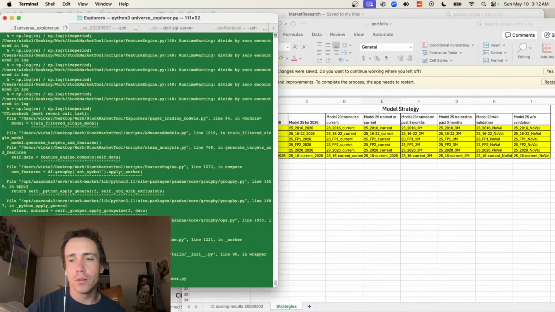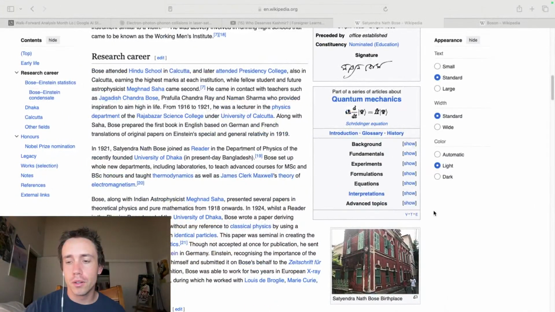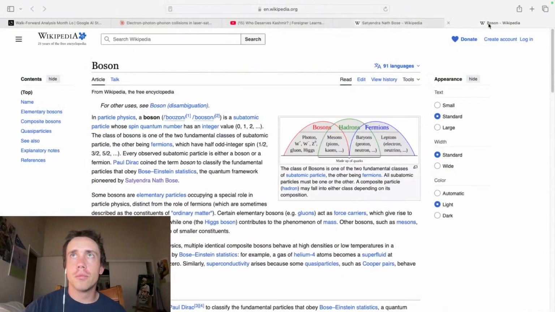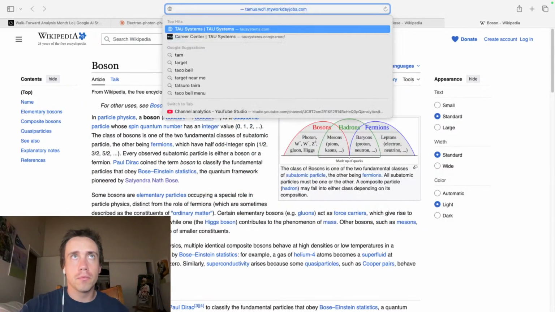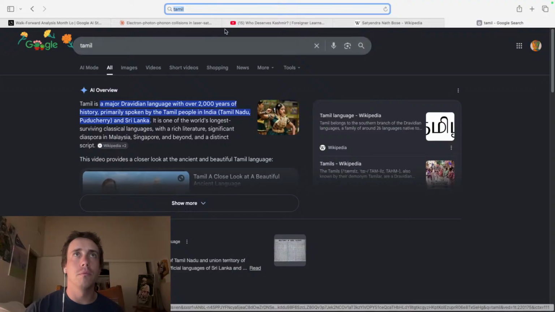There we go. Okay, so Universe Explorer is now going through May 7th, right? Saved? Yep. Tamil, where's Tamil? It says it's a language. Oh, I guess Tamil is a culture.